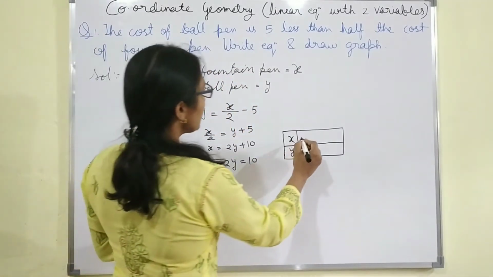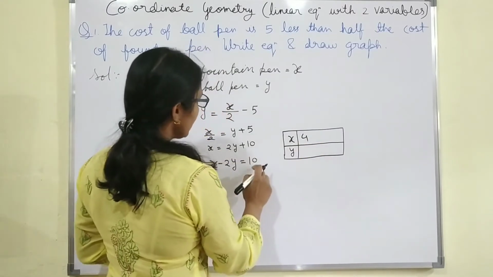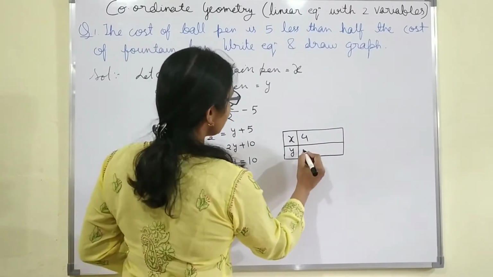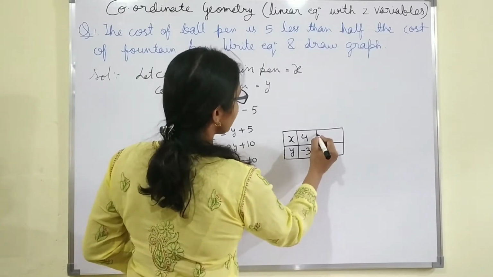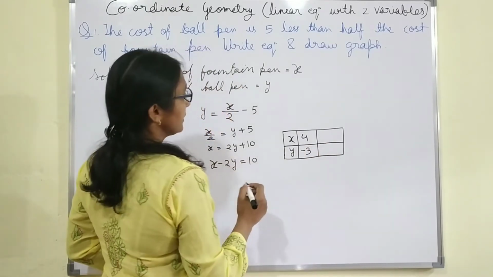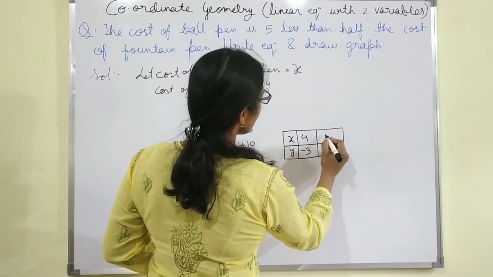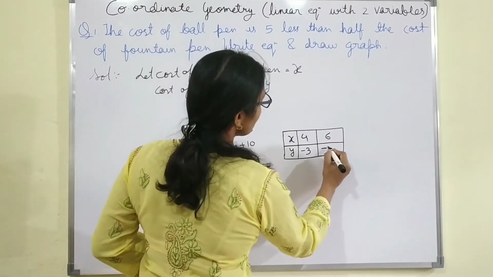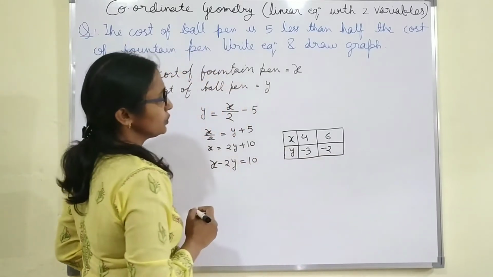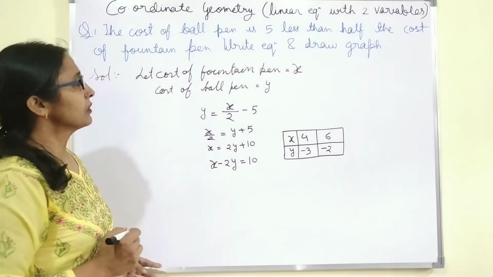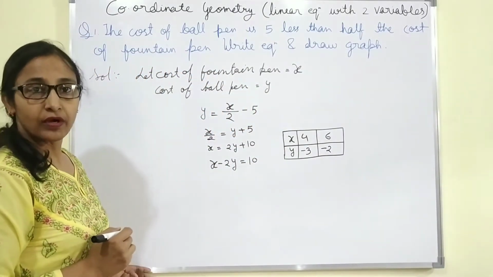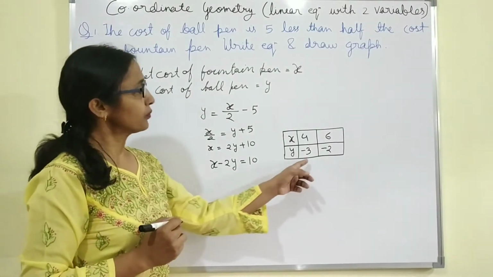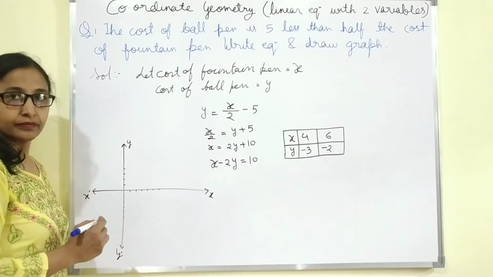If X equals 4, Y equals minus 3. And X equals 6, so Y equals minus 2. Now we will draw the graph and put these values in the graph.